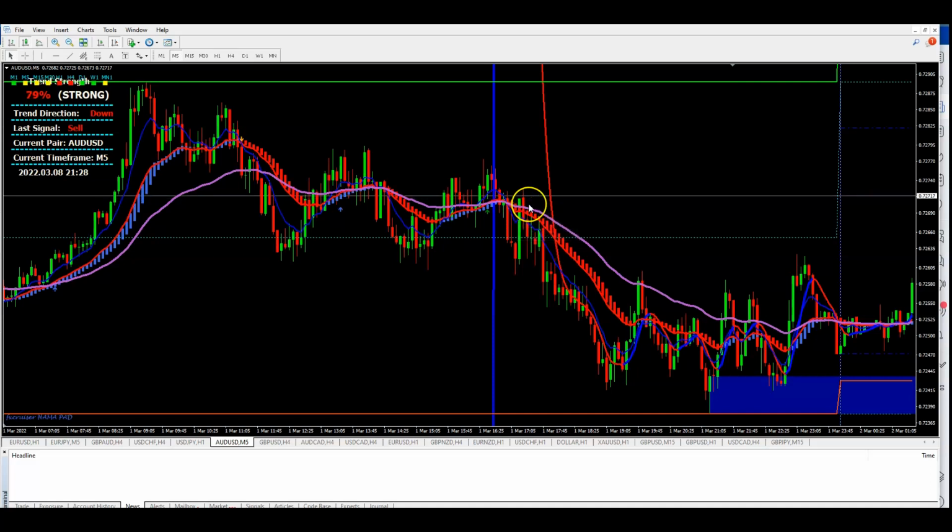Your purple showing you that everything is underneath it, and you are no longer making higher highs and higher lows, right? You are now making lower highs and lower lows. So now you want to be on the selling end, but you definitely don't want to buy here because you see this candle has tricked a lot of people that thought, okay, well, I'm in a downtrend, but then they get spooked because you have this huge bullish candle.